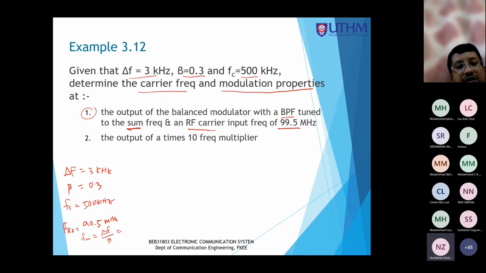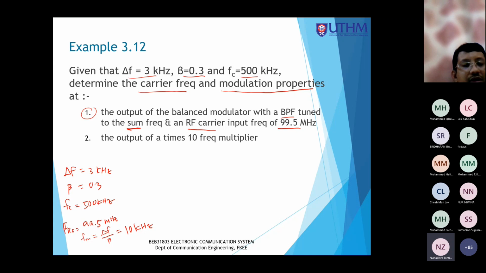So therefore, FM is equal to delta F over beta. So 3 divided by 0.3. Sorry, 3 divided by 0.3. So we're going to get 10 kilohertz.